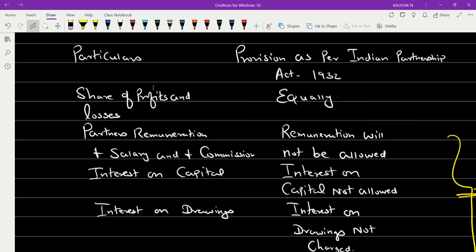There will be almost 6 to 7 videos. If you understand that, then the chapter of goodwill is nothing. There will not be any connect between the first chapter and the second chapter, that is the goodwill chapter. So even if you read and try to understand the goodwill chapter by yourself, it is well and good.